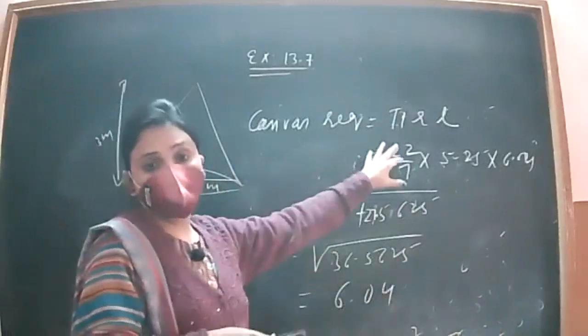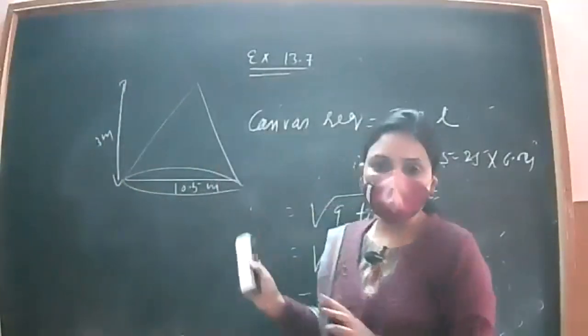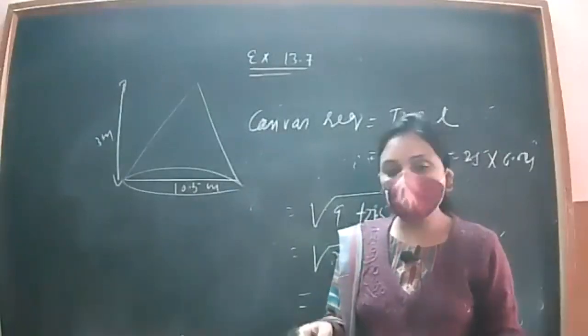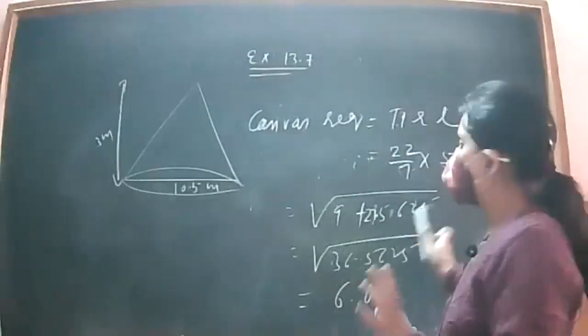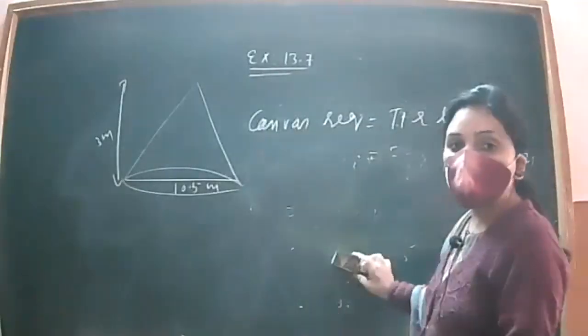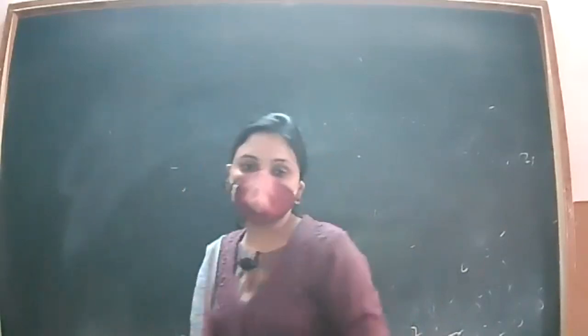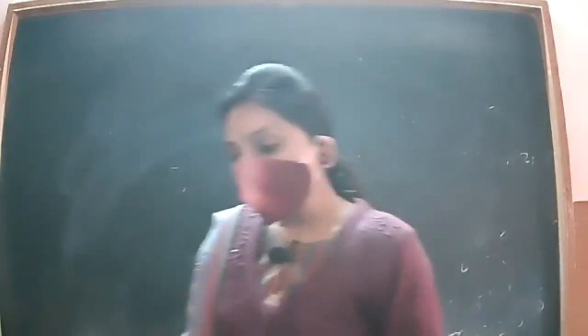I am leaving the calculation to you. इन सबको multiply करना, you will get the material of the canvas which is used to cover the heap. Actually, this is all about 13.7. So let us move towards the next exercise, that means 13.8.